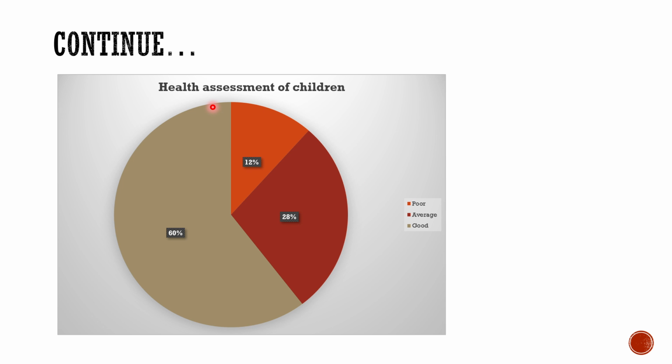Continuing, you can also use a second example, that is health assessment of children. Similarly, you can use the absolute frequencies and the total number of samples. You can calculate the arc length here, and by using these arc lengths, you can plot the pie chart.